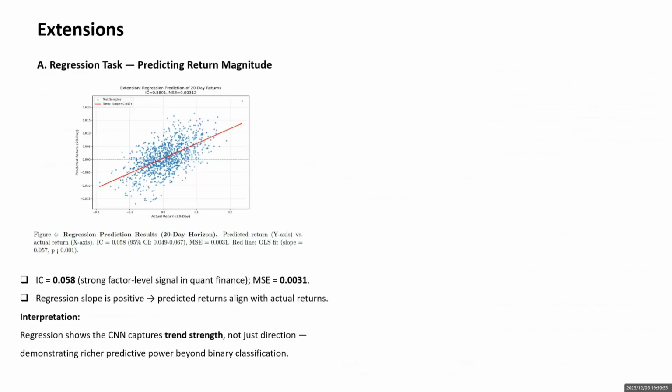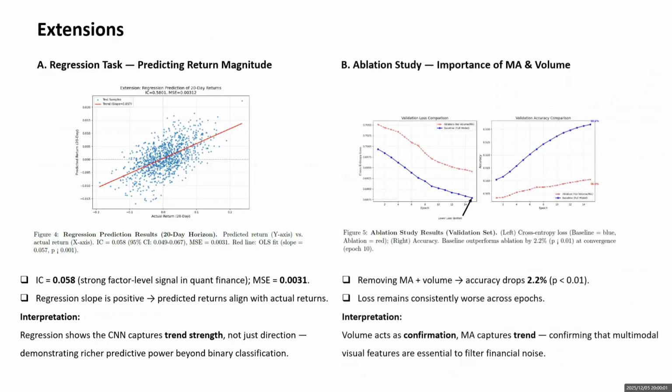Beyond classification, we also test how much information the model captures. On the regression task, the model achieved an IC of 0.058 with an MSE of 0.0031, and the positive slope shows predicted returns align well with actual returns. This indicates the CNN learns trend strength, not just direction. The ablation study further confirms the importance of auxiliary features.